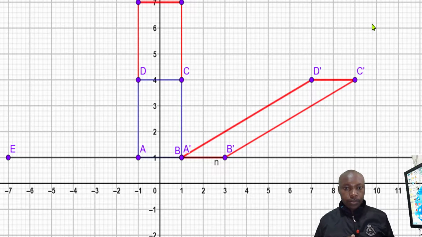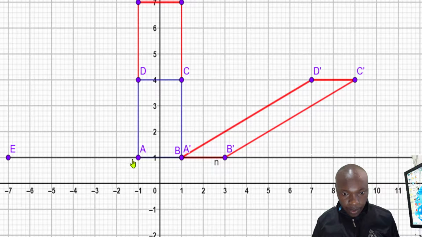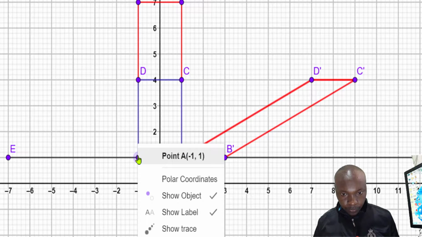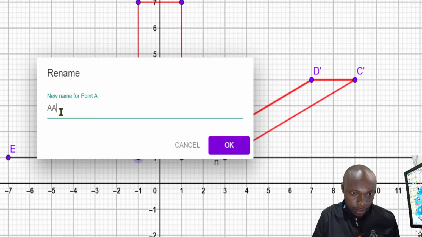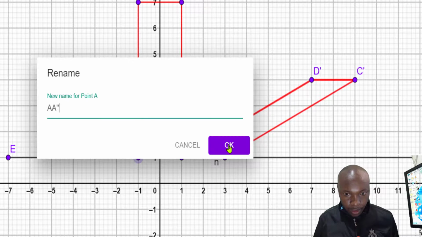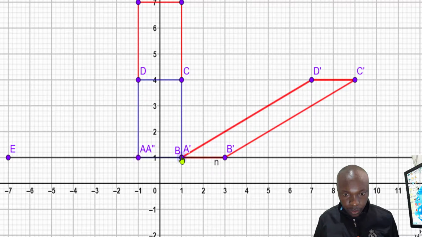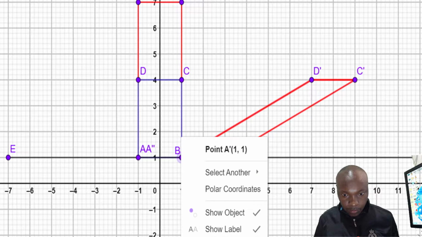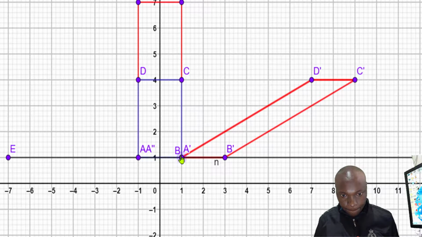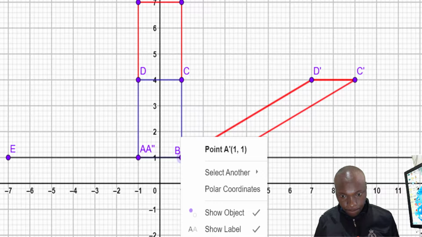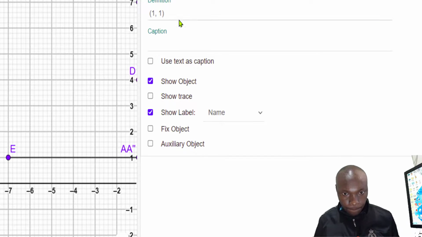As you can see now, A double prime will also be here, so I can rename these.